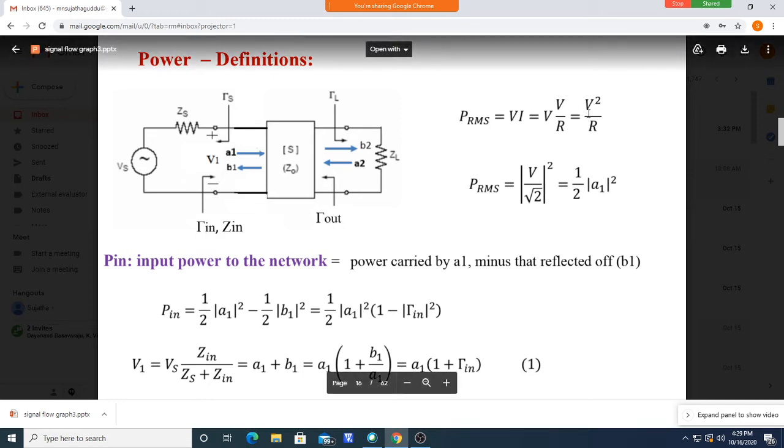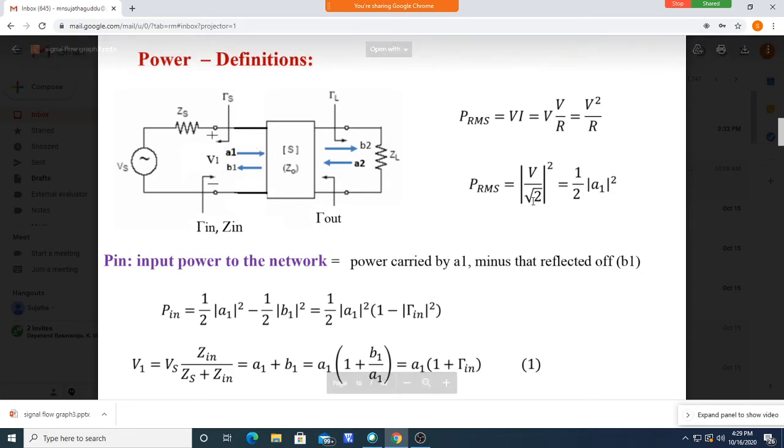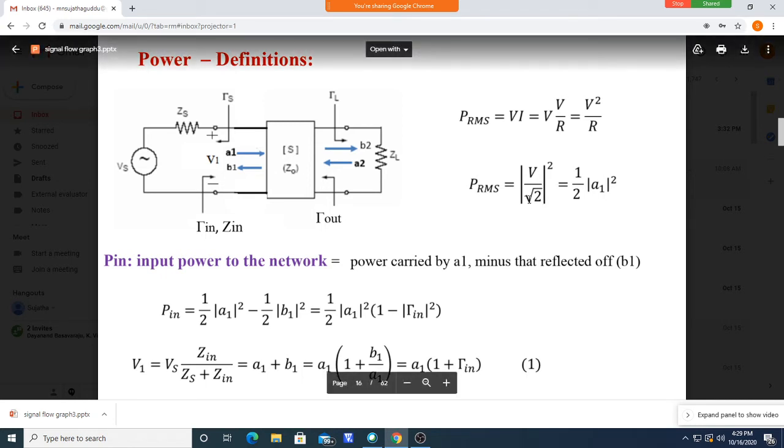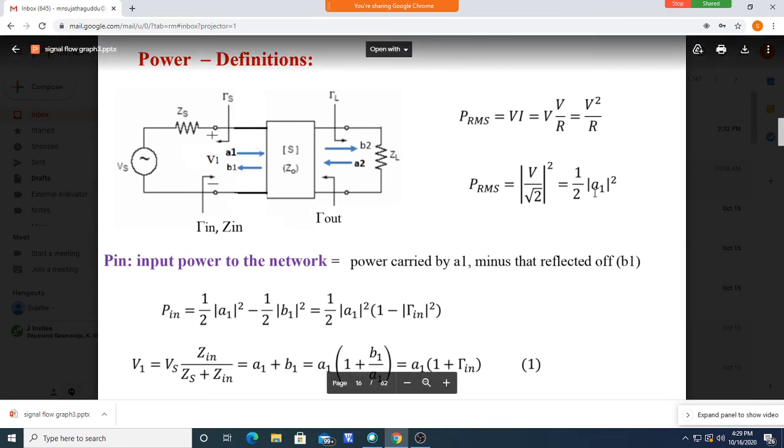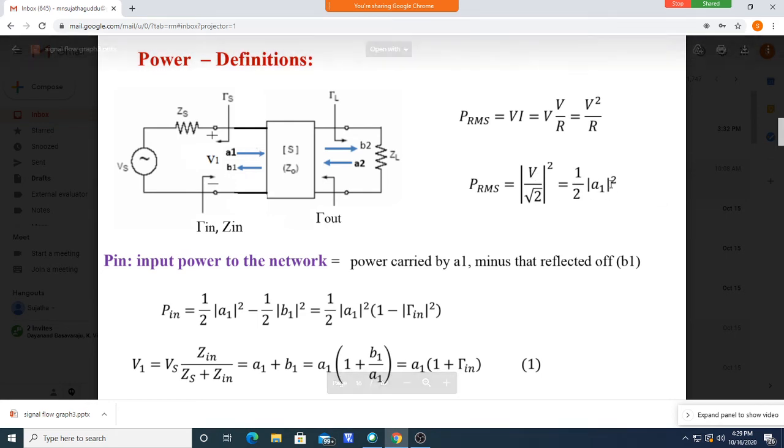But the RMS value is Vm by root 2, the maximum voltage Vm by root 2, you studied that, whole square. So this is half. In our case, instead of V we have taken A1, so it is half into A1 square. What does it represent?